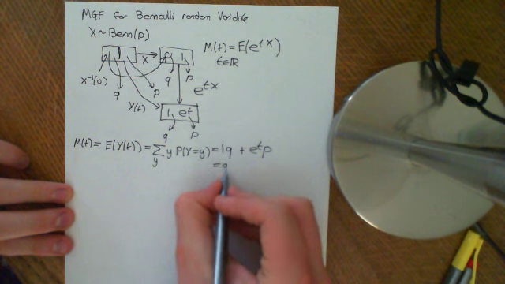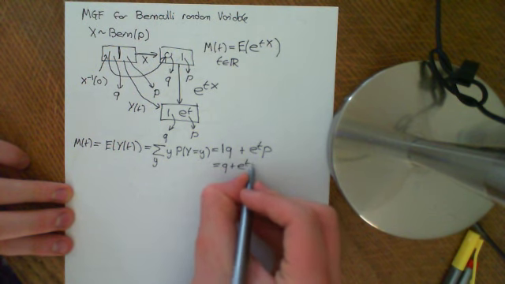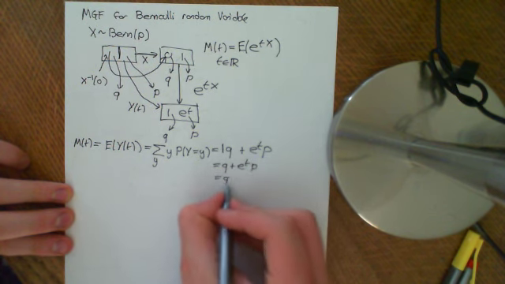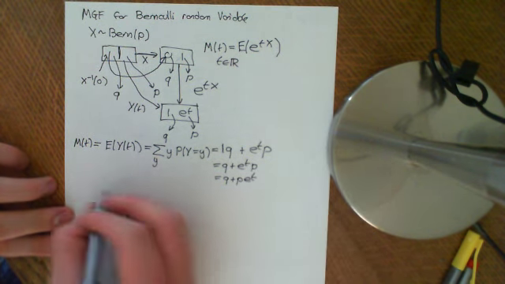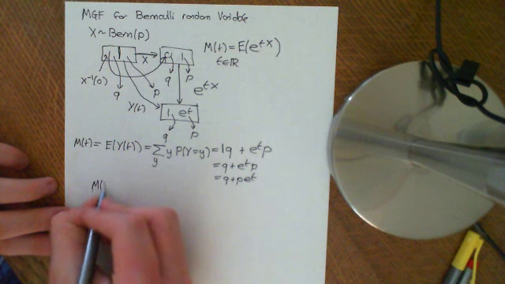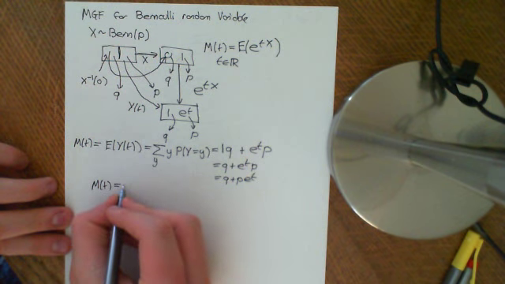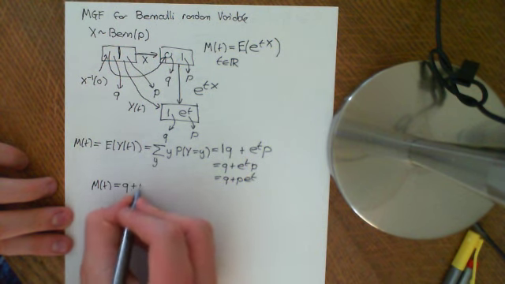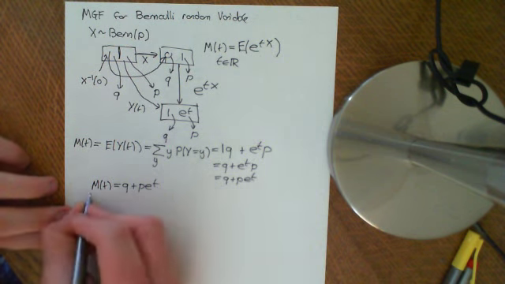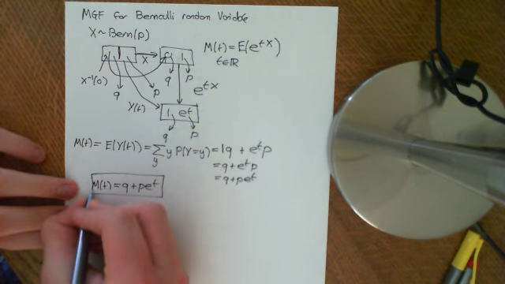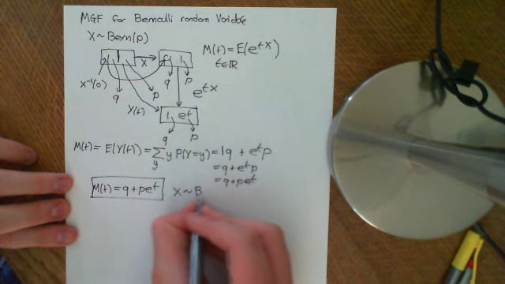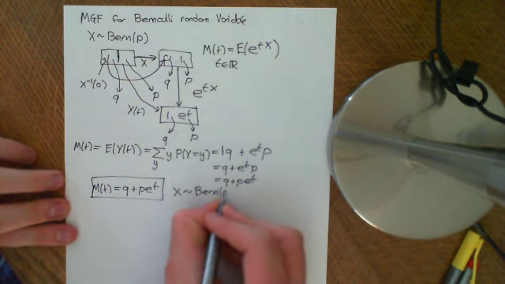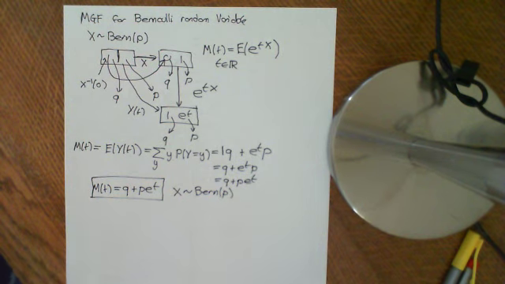So we get q plus e to the t times p, or q plus p e to the t. So that is the moment generating function for the Bernoulli distribution. So M(t) is equal to q plus p e to the t. That is the moment generating function for a random variable X which is distributed Bernoulli with parameter p. And in the next video we will do this for the binomial distribution.